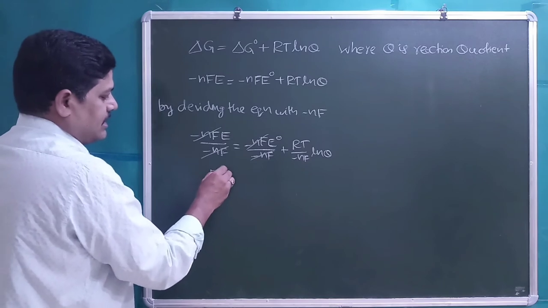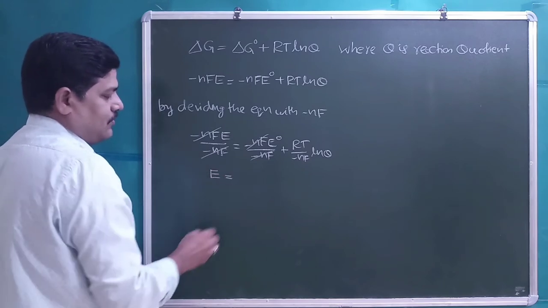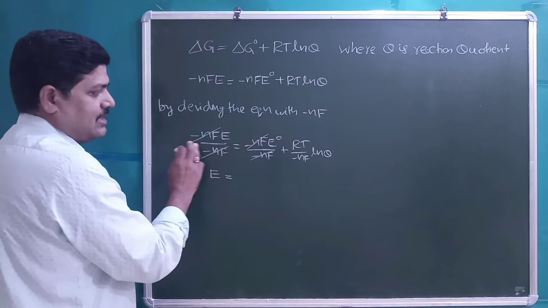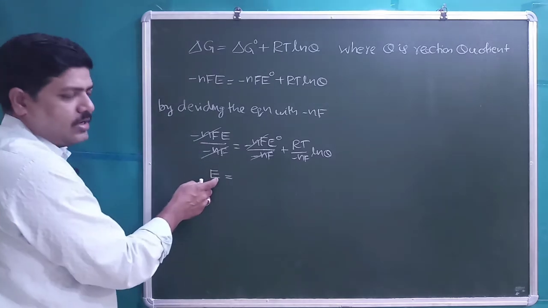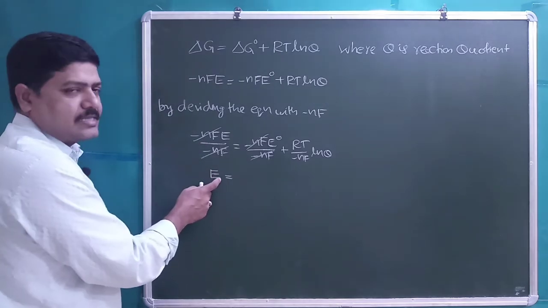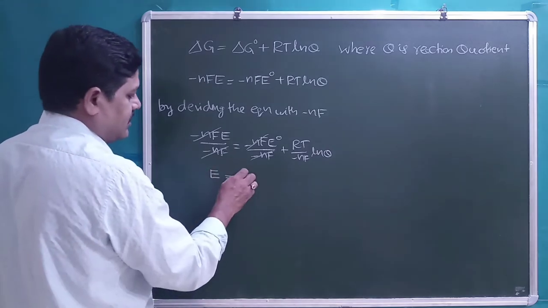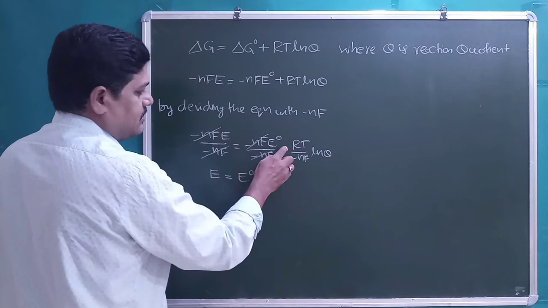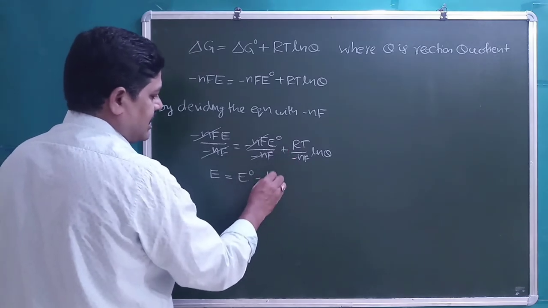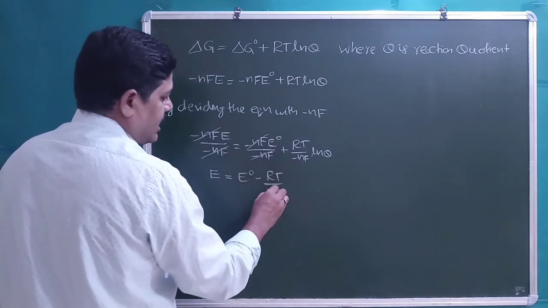Remaining terms, E is equal to E naught minus RT by nF ln Q, where E is the EMF of the cell other than the standard conditions.